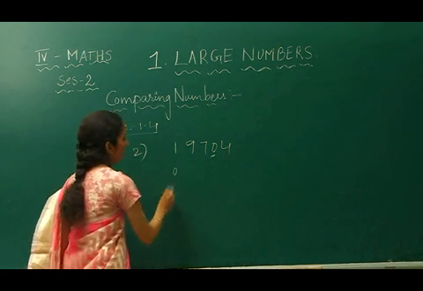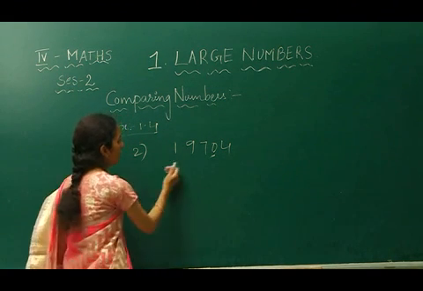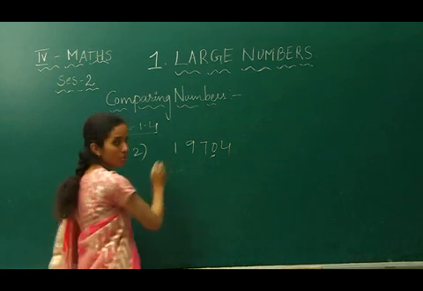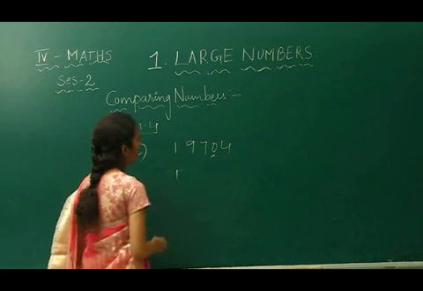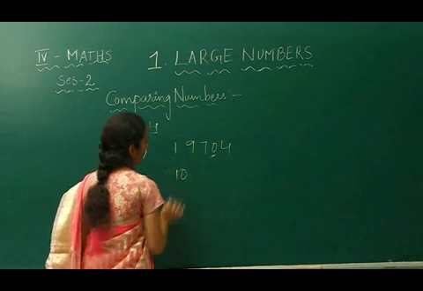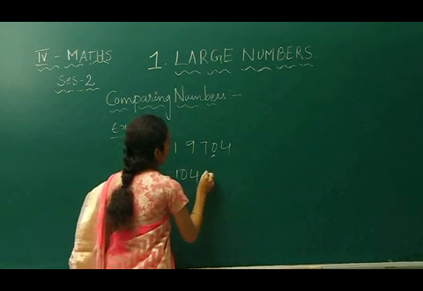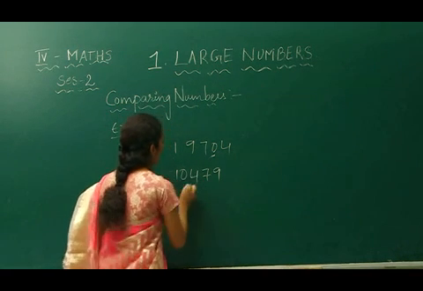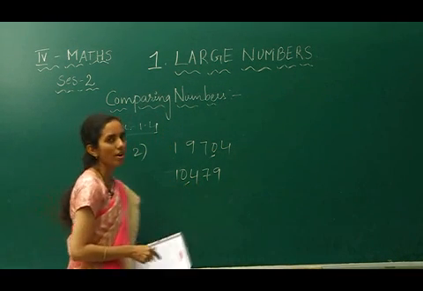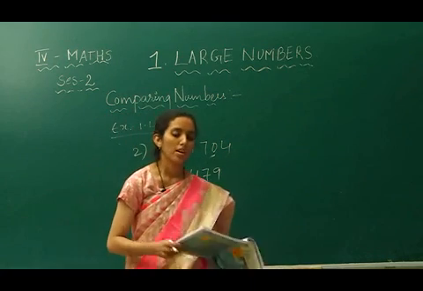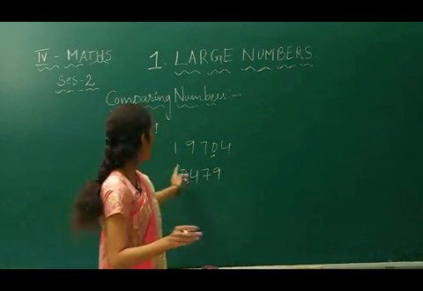We cannot start a number with 0. So, what we will do? We will write the next smallest number, that is 1 here, and 0 in the second place, and 4, 7 here and 9 here. So, 10,479 is the smallest possible number with the given numbers.